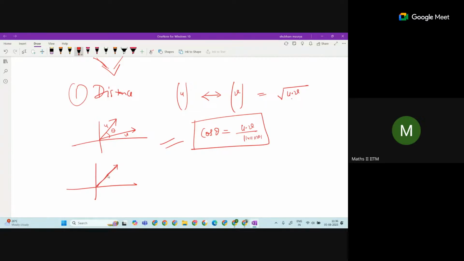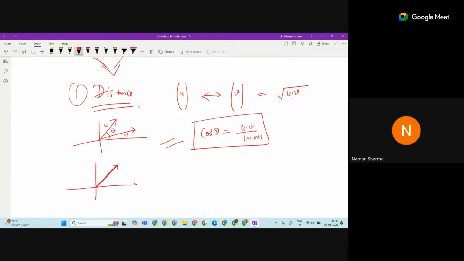Now these things actually come from the dot word. Using the distance word, can anyone tell what is the length of a vector? Using the definition of distance, can anyone give the length of a vector?